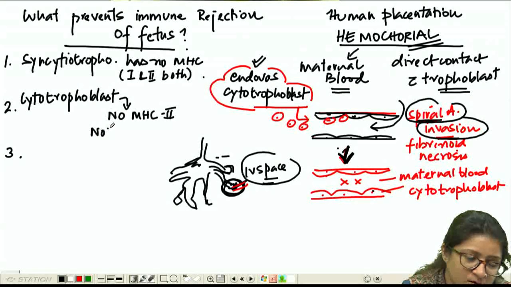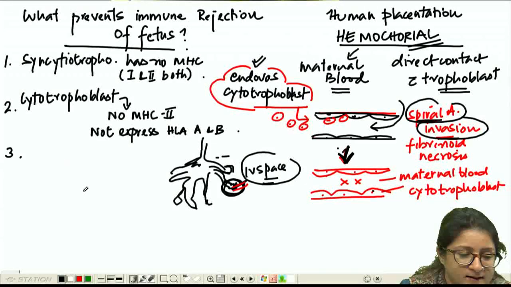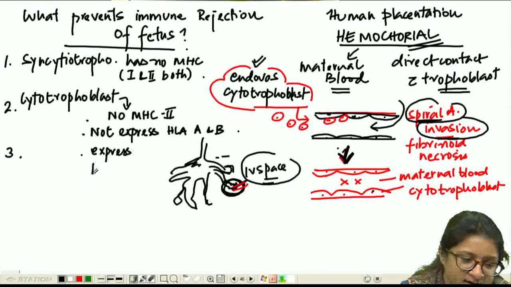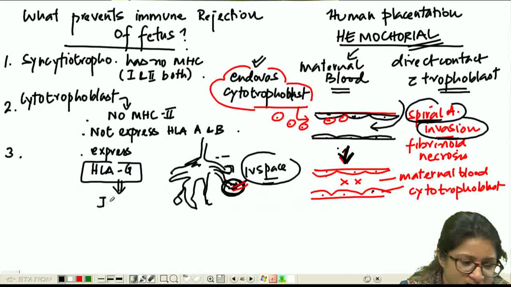It does not express the usual HLA-A and B, which are the type 1 MHC, but it expresses a unique HLA, which is HLA-G. This HLA-G is responsible for the immune tolerance.